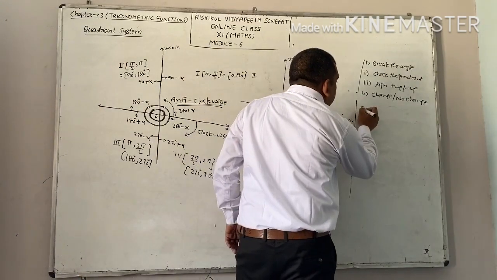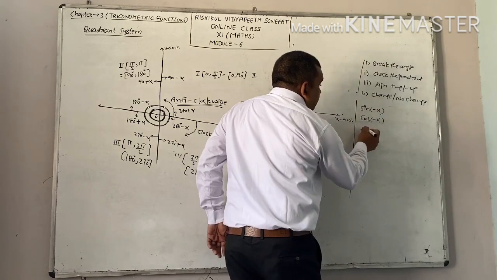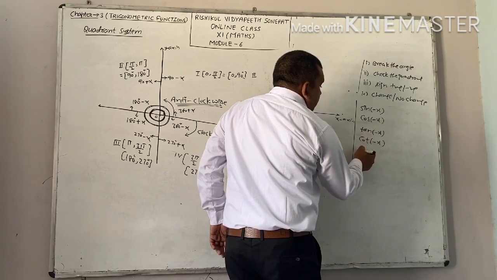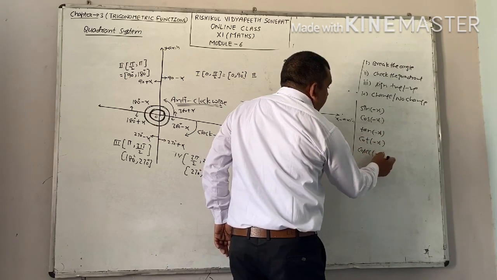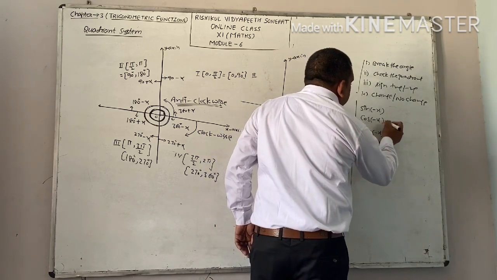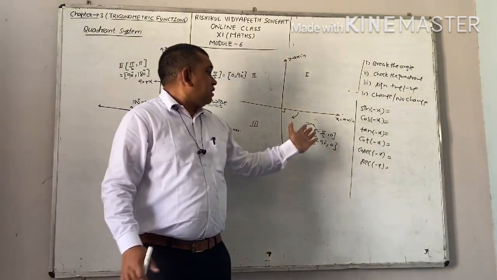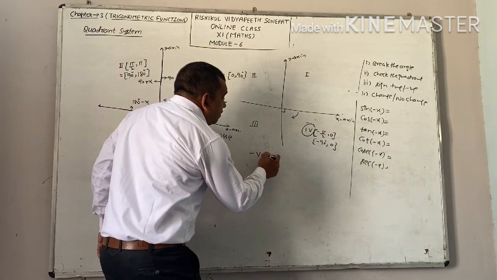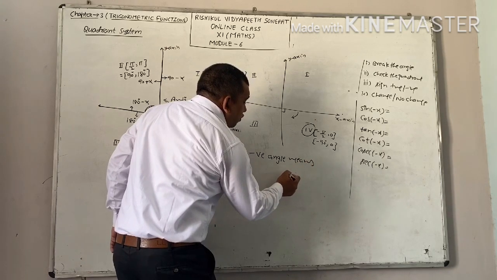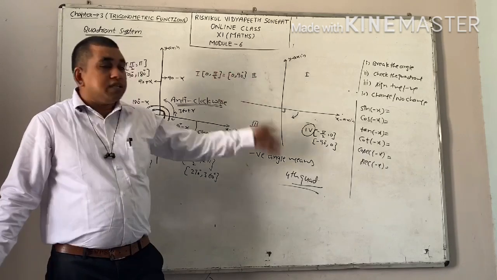Remember these formulas. Sine minus x, cos minus x, tangent minus x, cot minus x, cosecant minus x, and secant minus x. Now you can check here, all angles are negative, and negative angle means, I told you, fourth quadrant, and in the fourth you know that only cos and secant are positive.